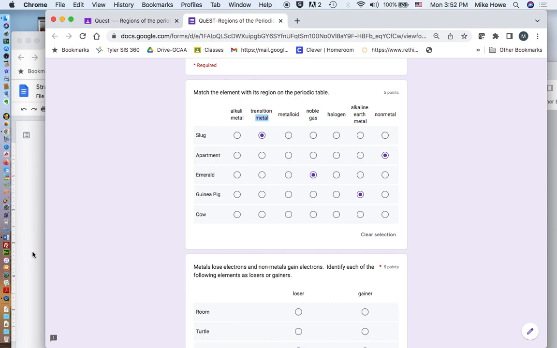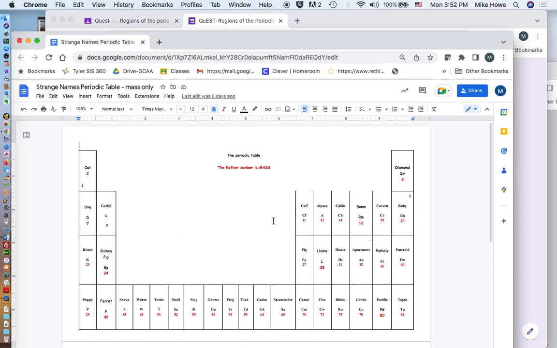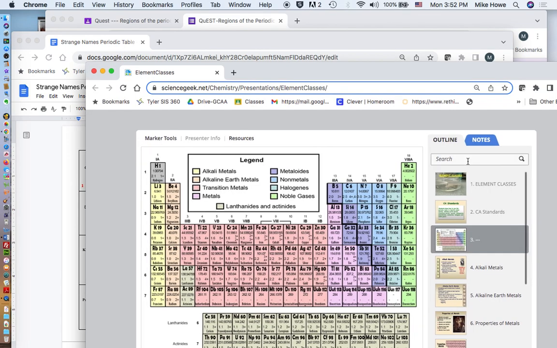And cow is right here. So that's in column 4. It's the third one down in column 4. So 1, 2, 3. It is a metalloid. So cow would have been a metalloid.